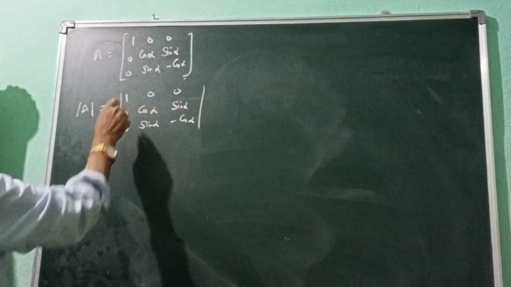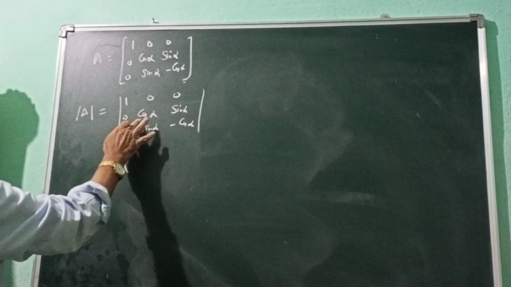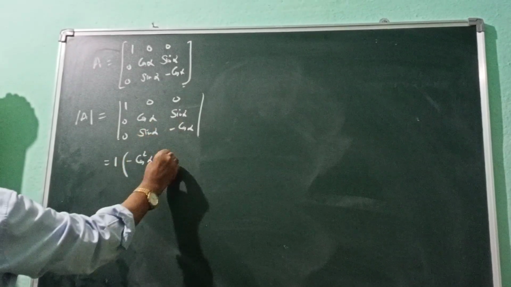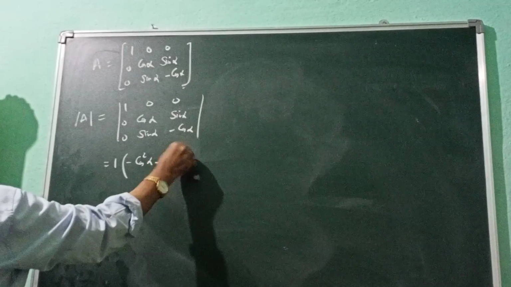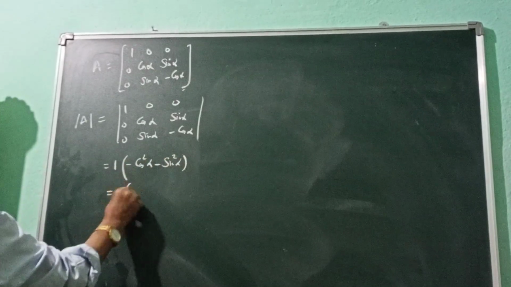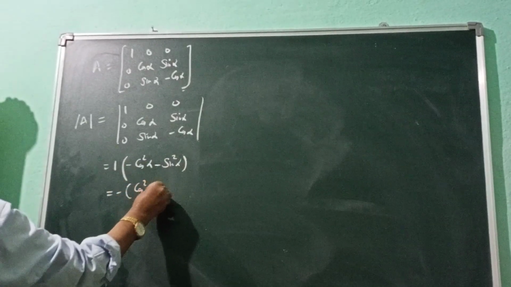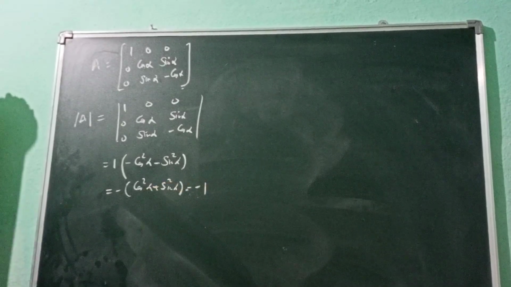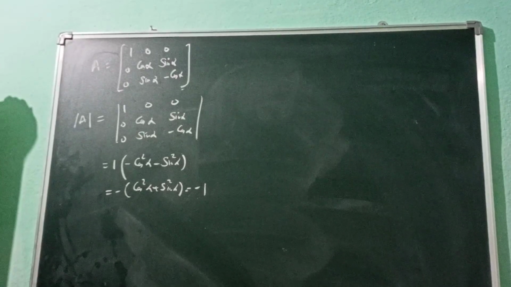Expand: it is 1 into minus cos square alpha minus sin square alpha. We take minus common: cos square alpha plus sin square alpha, which you know is 1, so it is minus 1, which is not 0. Therefore, we can find the inverse of this matrix.